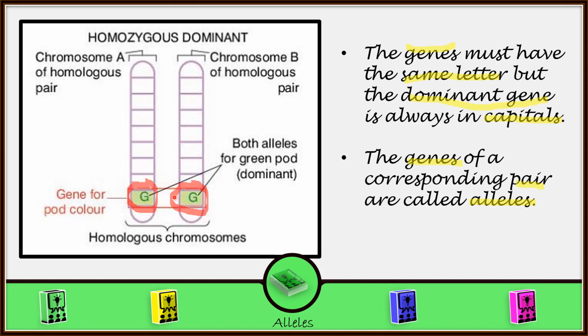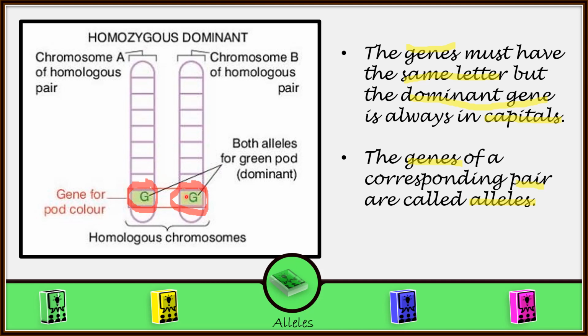But the way they are controlling may not necessarily be the same. That's why we call them alternative forms of genes. We can say these alleles are the same alleles. They are controlling the same characteristic in the same way.